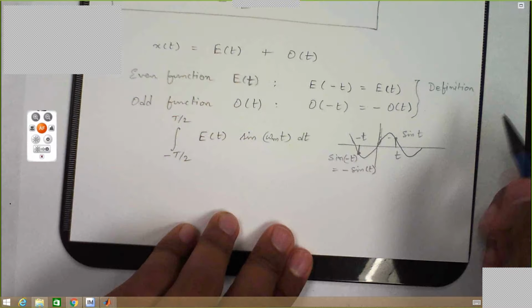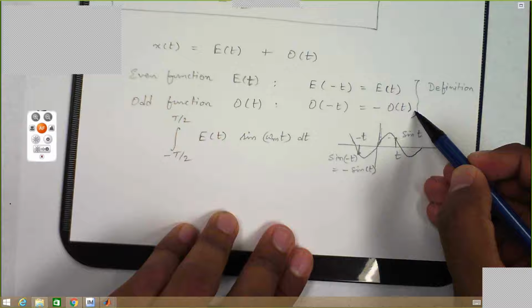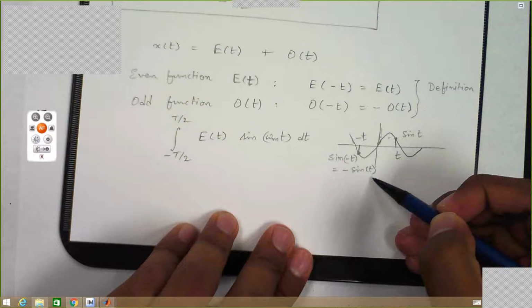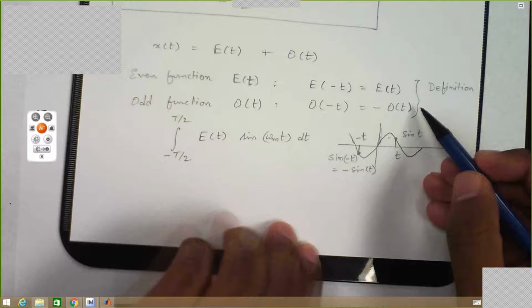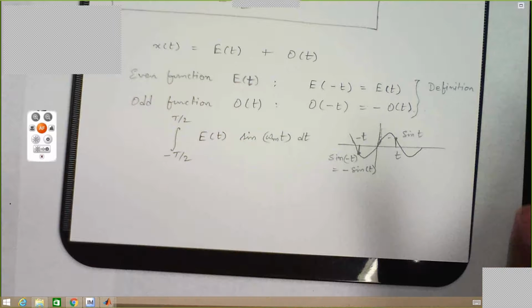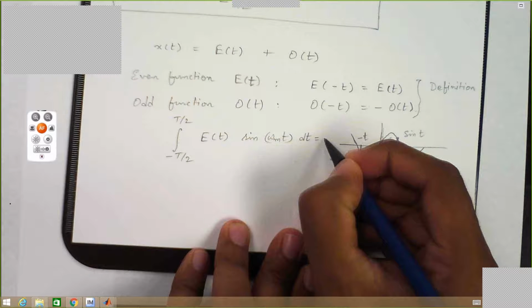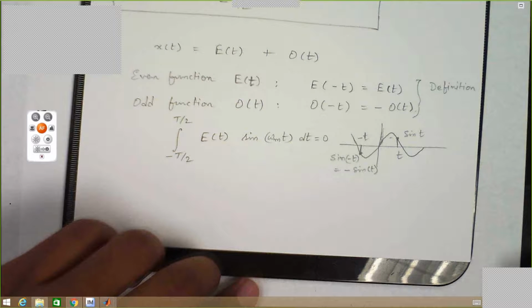So it follows the definition of an odd function. Since sine is odd and you multiply it with an even function, you have an odd integrand, and that integral is 0 because it's anti-symmetric about the y-axis.